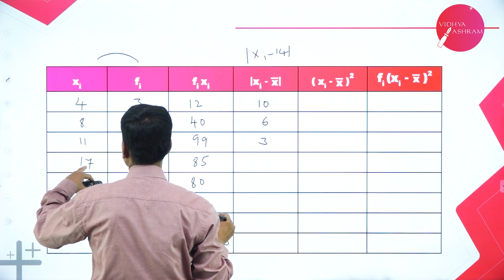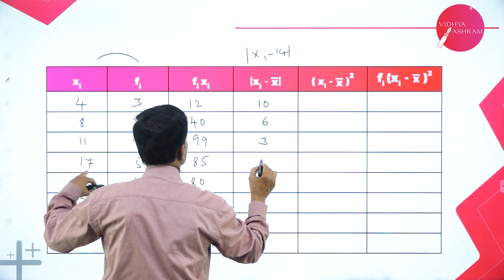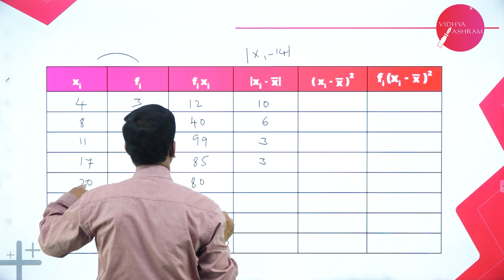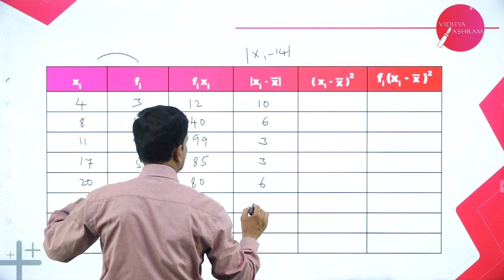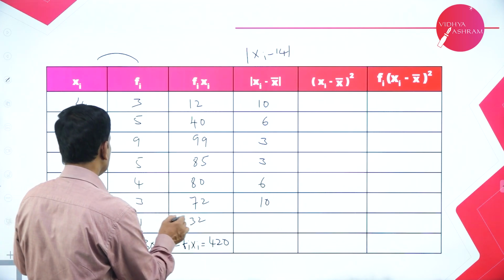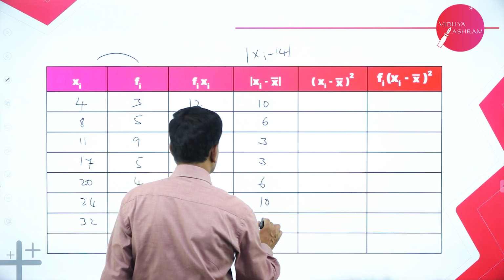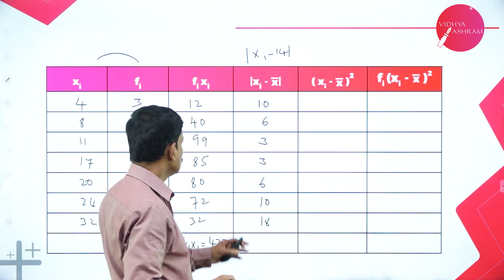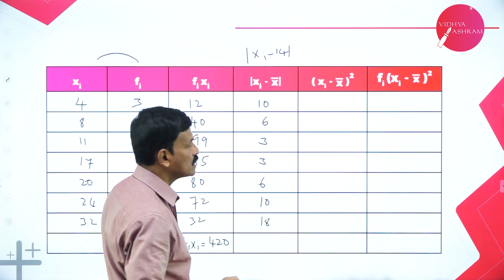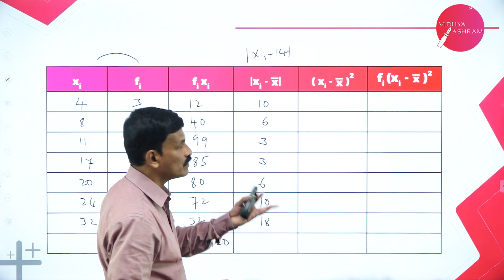Modulus of minus 3 is plus 3. 17 minus 14 is plus 3. Again 20 minus 14 is 6. 24 minus 14 is 10. So 32 minus 14, what is this equal to? 18.